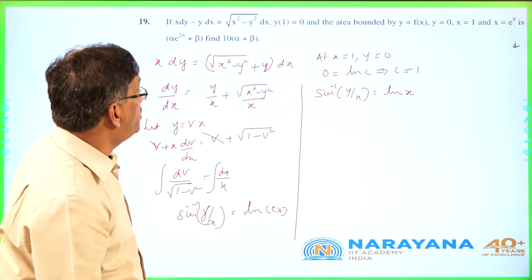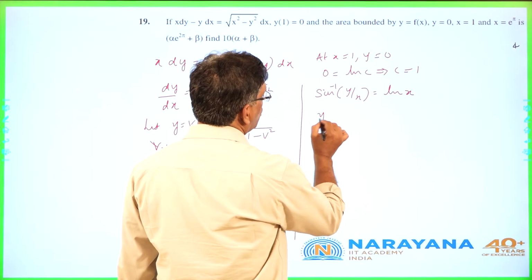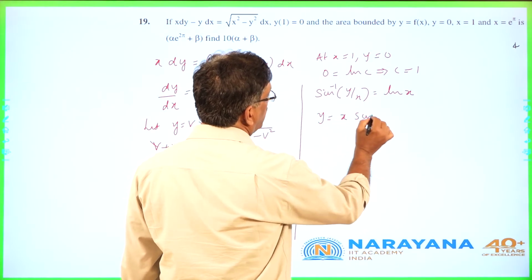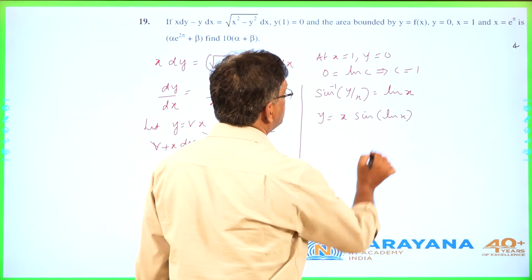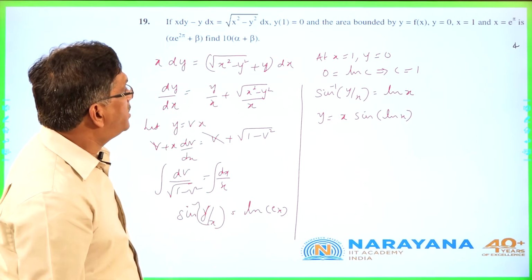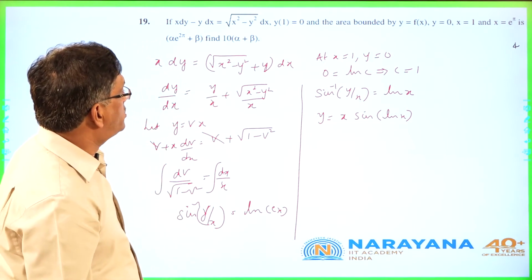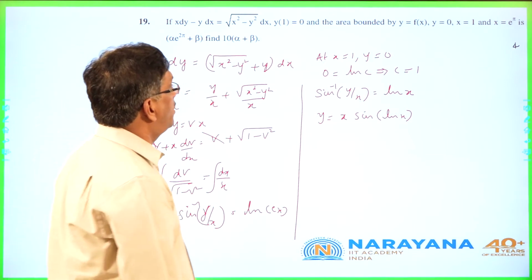He is asking for the area bounded by, okay, sin inverse... so y equal to x sin log x, at x equal to this one and this one, y equal to x sin log x.